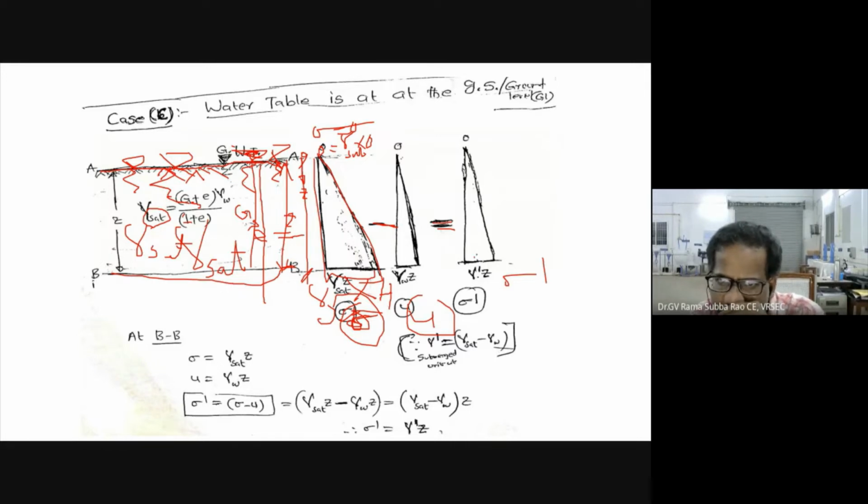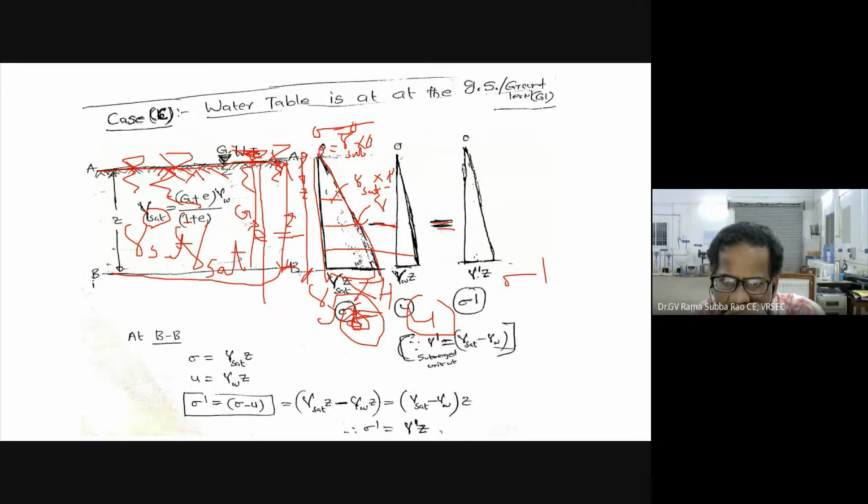If somebody is interested to calculate stress at 1 meter, one can calculate gamma sat into 1. And at 2 meter, gamma sat into 2. Like that, you can calculate stress at any point below the ground surface. Here the ground is fully saturated, and in fact it is submerged because the water table is touching the ground surface.